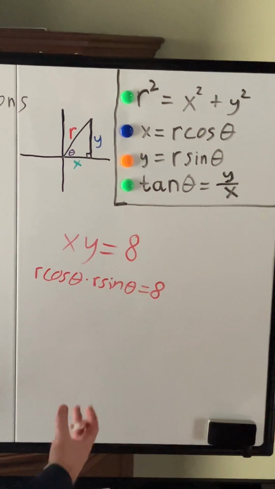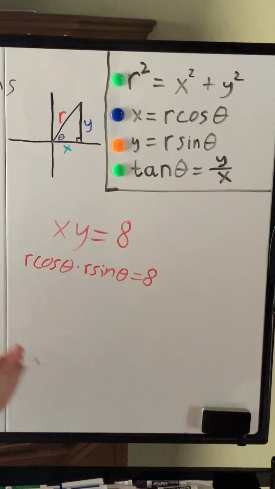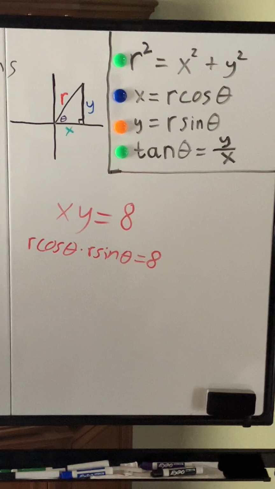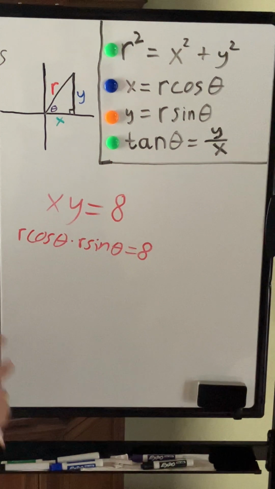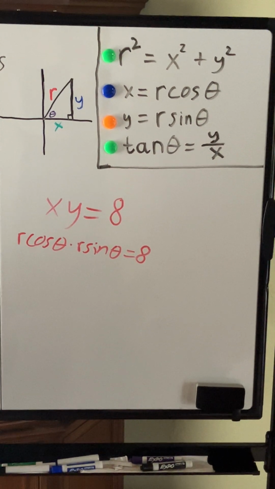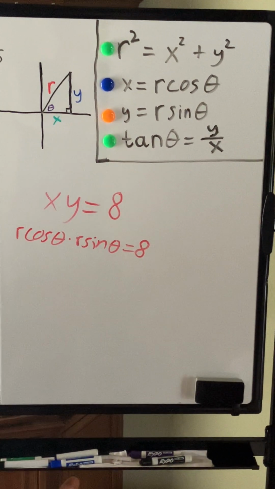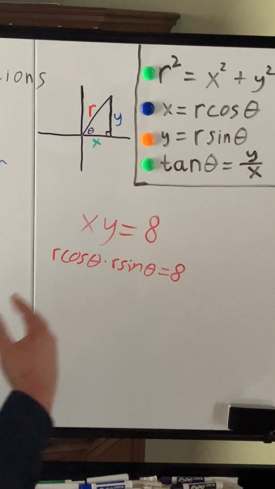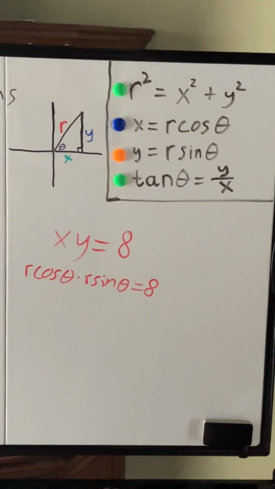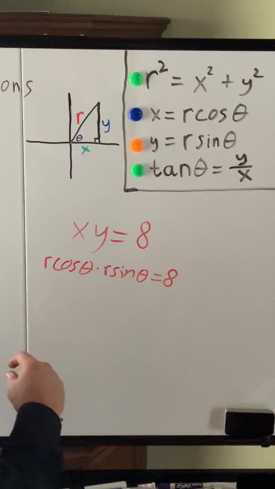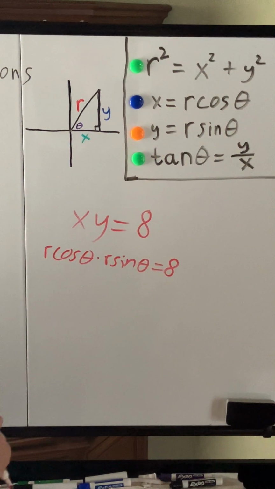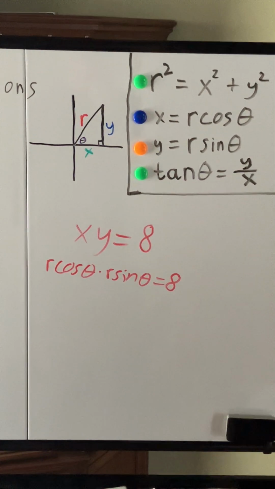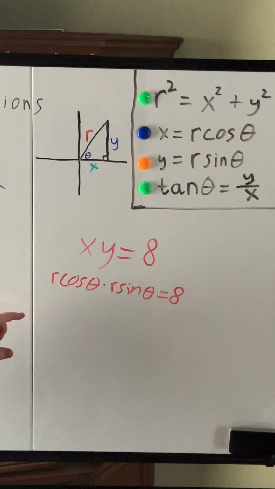Remember, your goal, once again, when you're writing in polar form, you want to think, if I have an r in my equation, I want to write it as r equals, if I can, or r to some exponent if I have to, like r squared or maybe r cubed. If I don't have an r in my equation, then I'm going to want to write it as theta equals. So in this case, we do have an r.